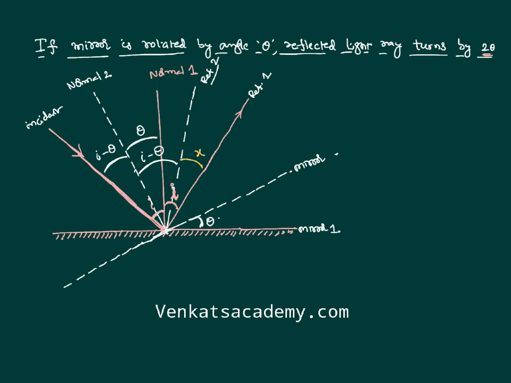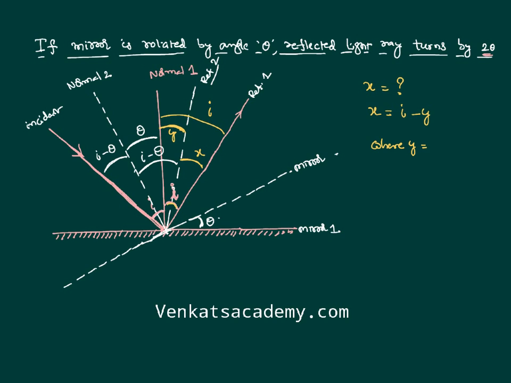So it is very clear that the reflected light ray is turned by an angle x. I want to calculate the value of x. The value of x is equal to the total angle I minus this angle, which I call y. So x is I minus y, and I am interested in calculating the value of y.